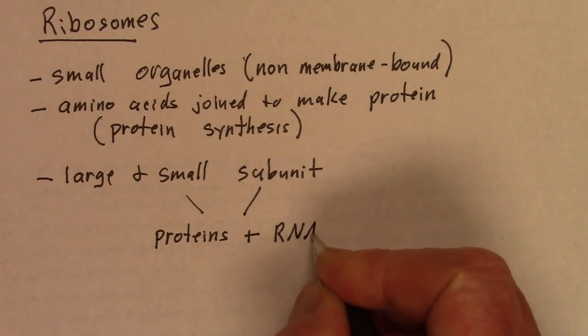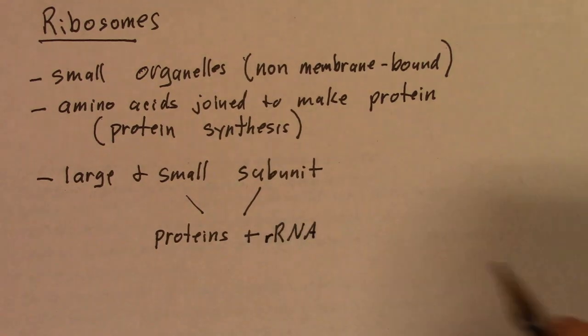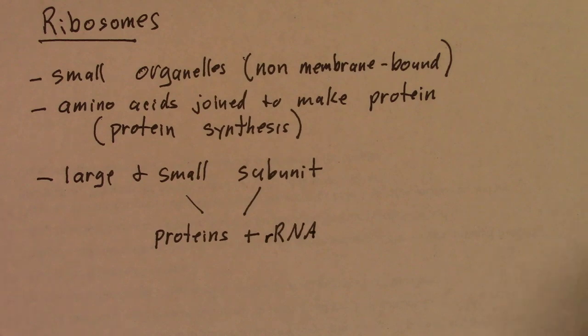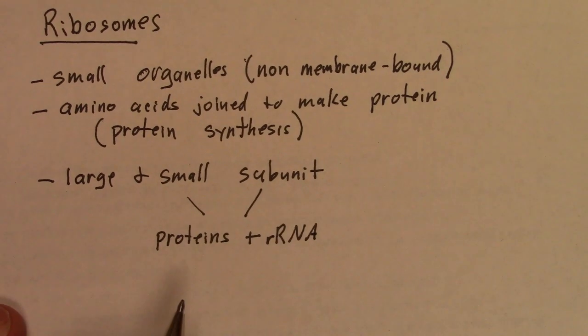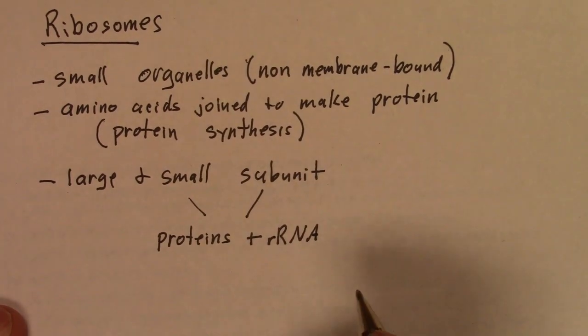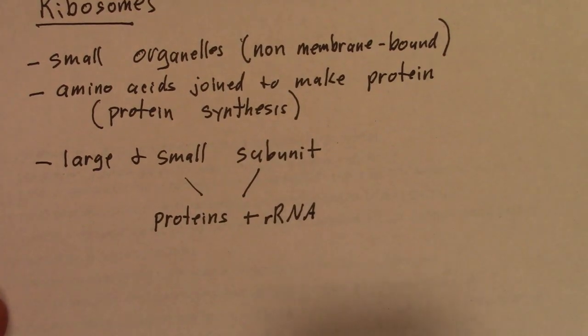It turns out that this is ribosomal RNA, so sometimes a little R is put in front of it just to denote that it's ribosomal RNA. And that's what makes up the ribosome. Okay, good. So now, these ribosomes are going to be making proteins.